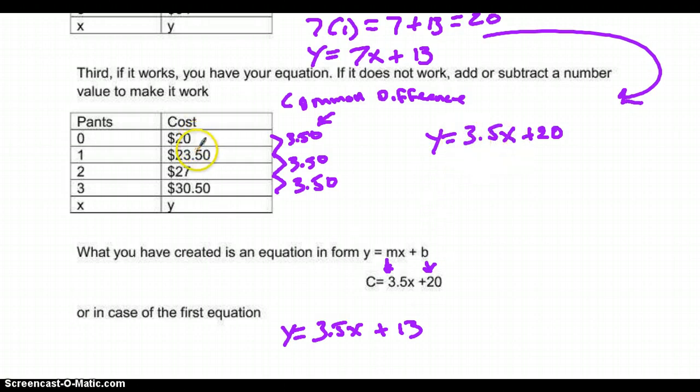So what I need to determine is, how do I get 20 if x is 0? If y is equal to 3.5 times 0, I still must add 20 in there. Don't you agree?